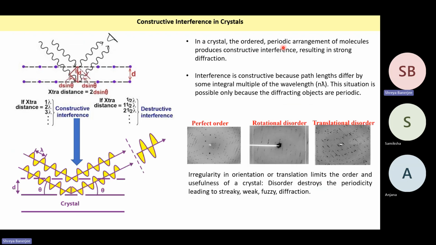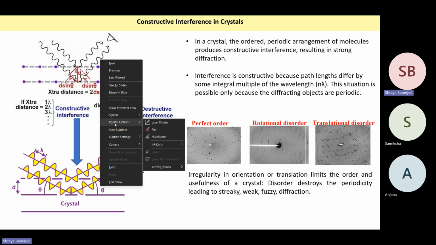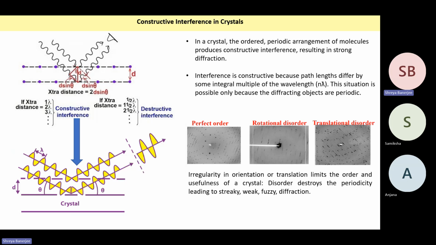And this is some basics of X-ray crystallography. This I'll go into more detail in the next class, but I'll just discuss it shortly here. So this is a crystal that is shown here. These blue dots are the single molecules. So suppose you have one molecule here.